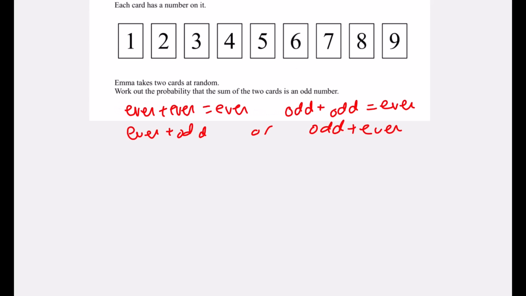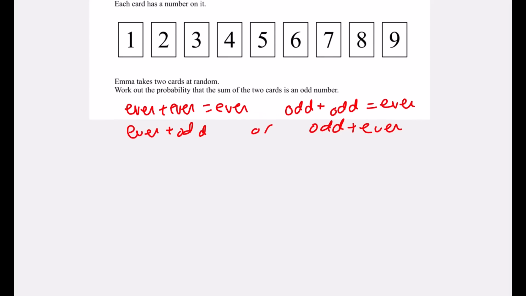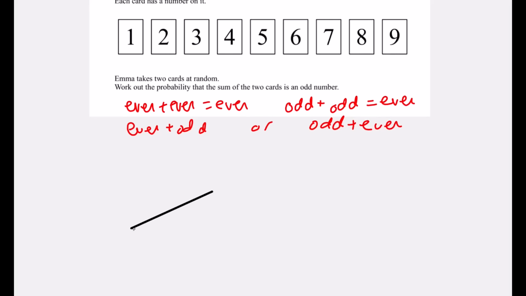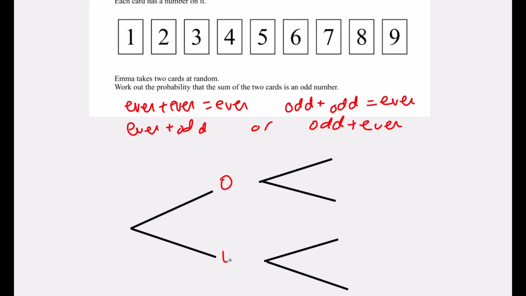So we could draw a probability tree here if we wanted. So we'll have the first pick and the second pick. So it's odd, even, odd, even, odd, even. So the chance of getting an odd the first time, there are 5 odd out of 9 in total.